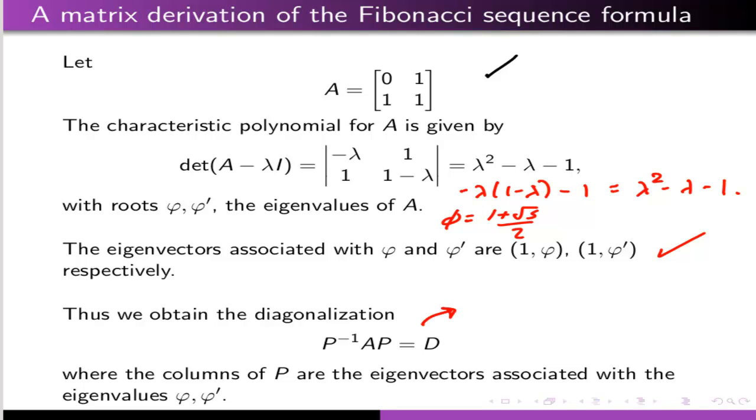So the best way to remember that connection is to rewrite this equation in this form. Here you're taking A, and think of this as a matrix with column vectors, which are the eigenvectors V1 and V2 in the columns. And so A times V1 is phi times V1, and A times V2 is phi prime times V2. So that's where this type of relationship comes from.